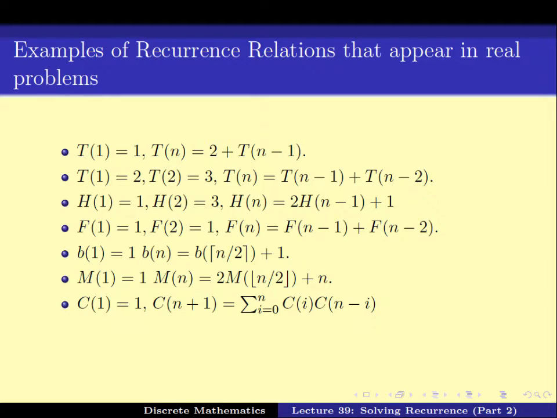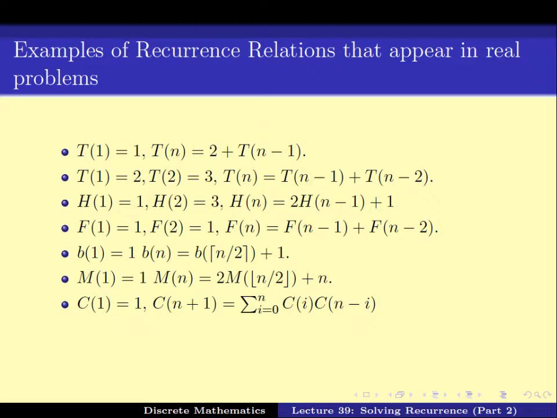Or this one comes from what is known as the Catalan number: C1 equals 1 and C n plus 1 equals the summation from i equals 0 to n of Ci times C n minus i. Now these are some of the recurrence relations that appear in real life. These are a very small sample of them.